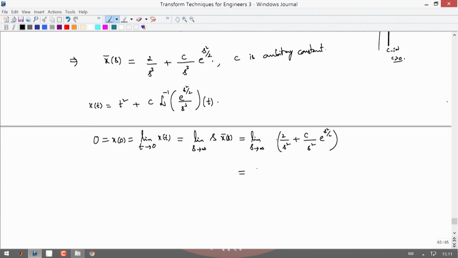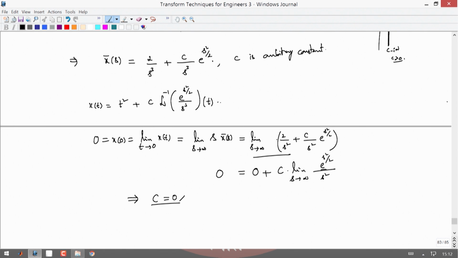So, the first term is going to be 0, plus second term, this is going to be the limit s goes to infinity of c by s square e power s square by 2. Exponential function grows bigger than s square. So, this limit is infinity, but this left hand side is 0. So, this implies c has to be 0.